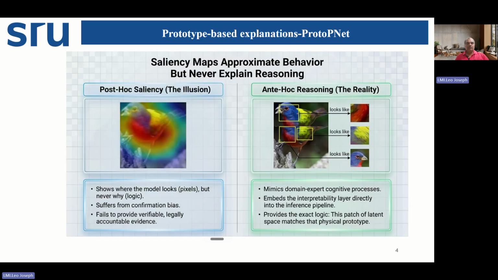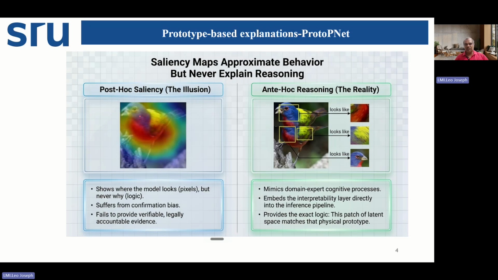Okay. So this is the saliency map. You can see here the post hoc saliency. We are superimposing a heat map over the sparrow image, but only on seeing it two or three times can we understand that this is the image of a sparrow or a bird.